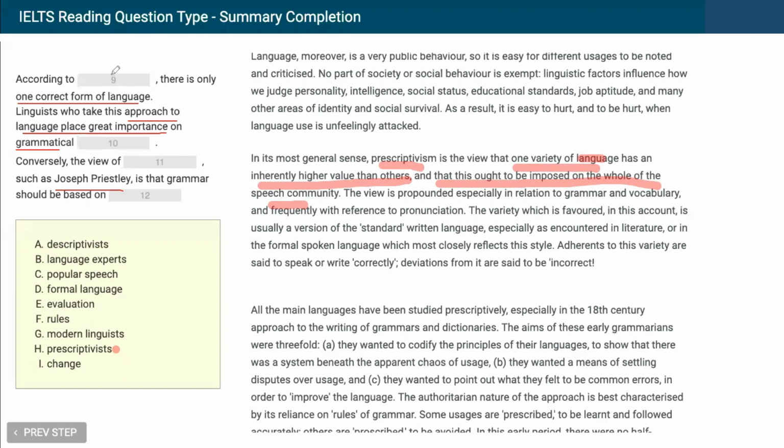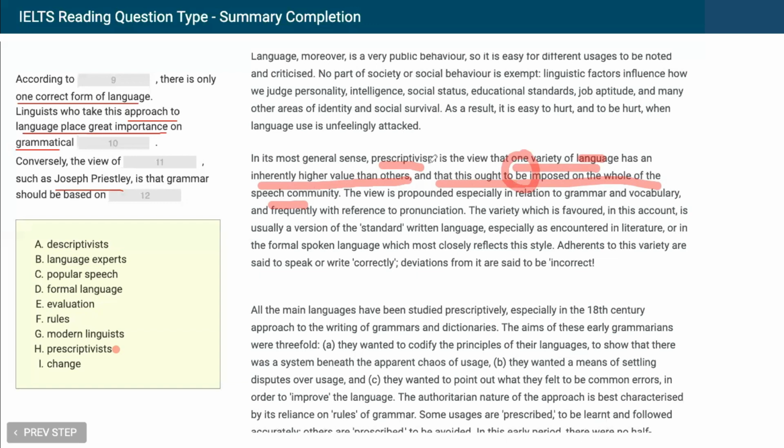So it says, according to blank, there is only one correct form of language. And this says, in its most general sense, prescriptivism is the view that one variety of language has an inherently higher value than others, and that this ought to be imposed on the whole of the speech community. So you see how the wording is different.